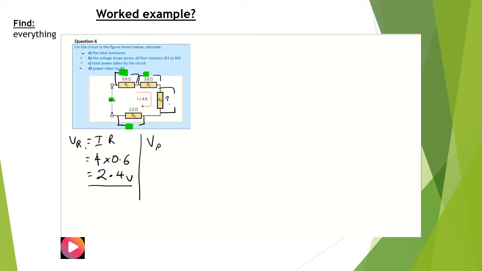VR2 is equal to IR. Current is 4 and the resistance value is 3.8. So 4 times 3.8 is equal to 15.2 volts.